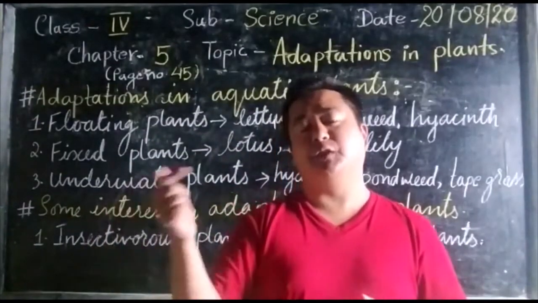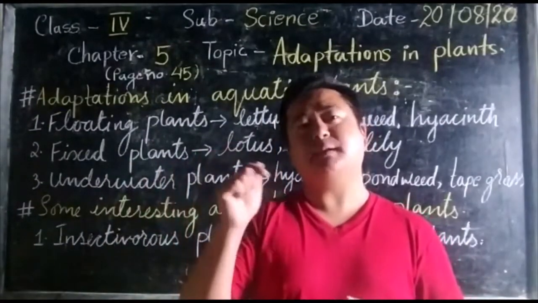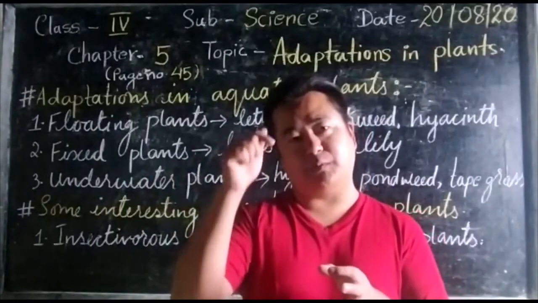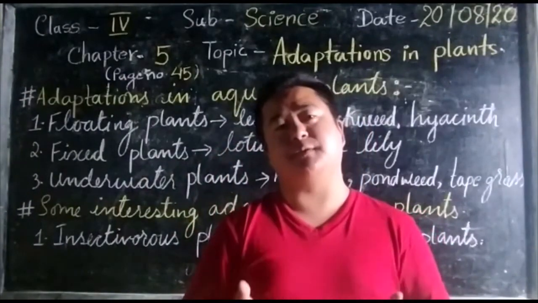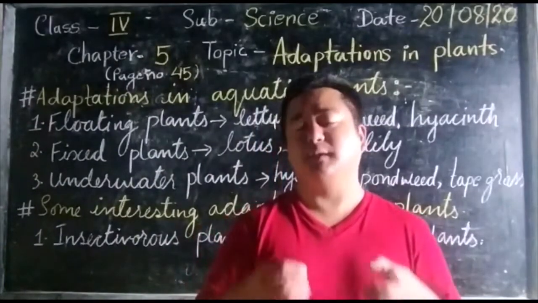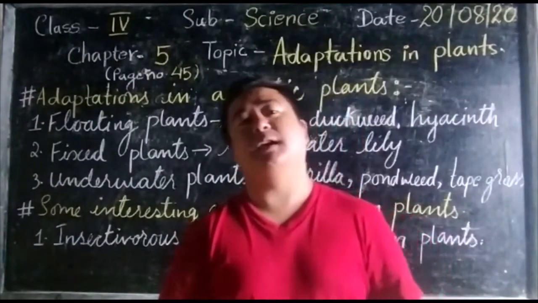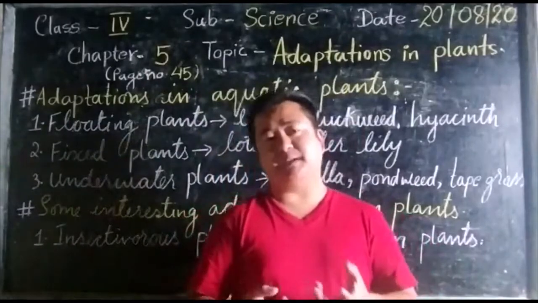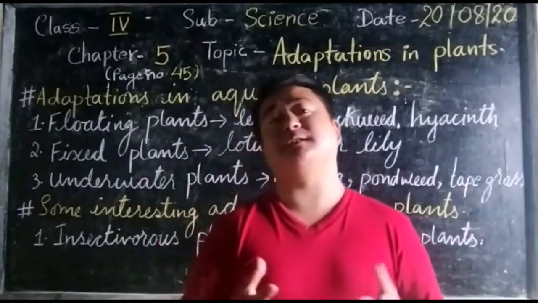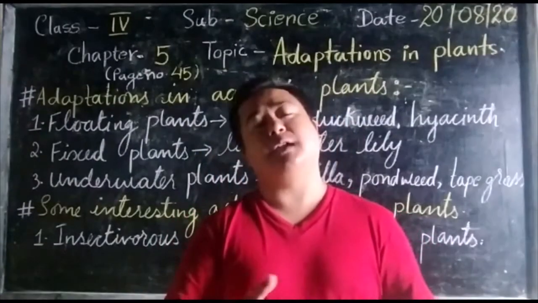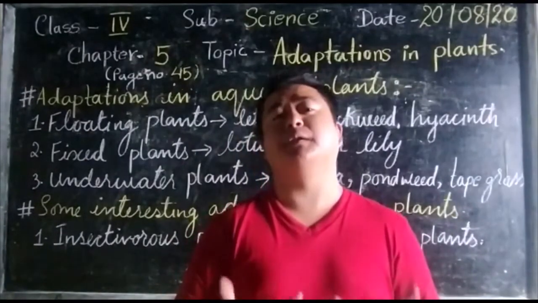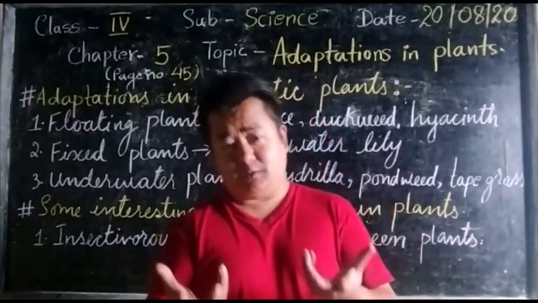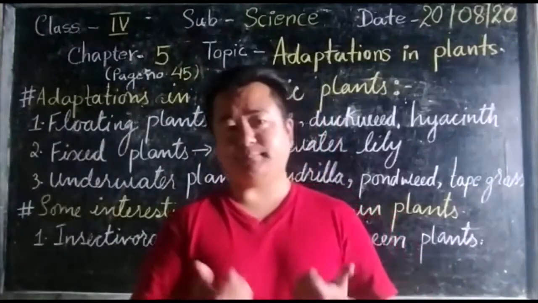When the insect enters the pitcher, the lid gets shut, and because of this the insect gets killed, and the pitcher plant secretes some digestive juice and extracts the nutrition from the insect.